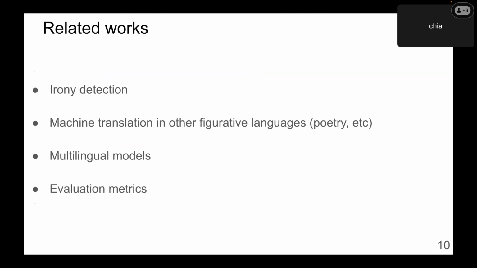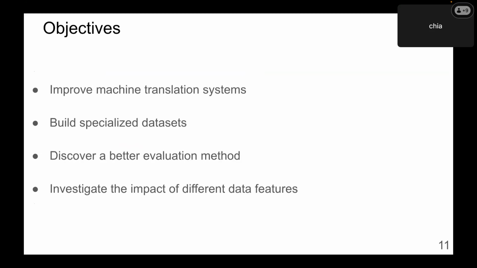I can only find some related studies, one of them is irony detection, and also machine translation in other figurative language, mostly poetry. I also reviewed some multilingual model papers and also papers about evaluation metrics.